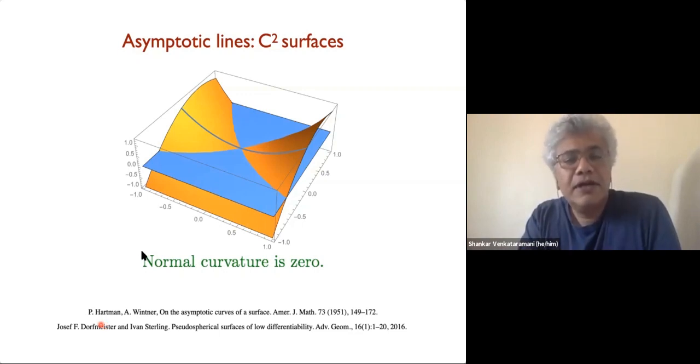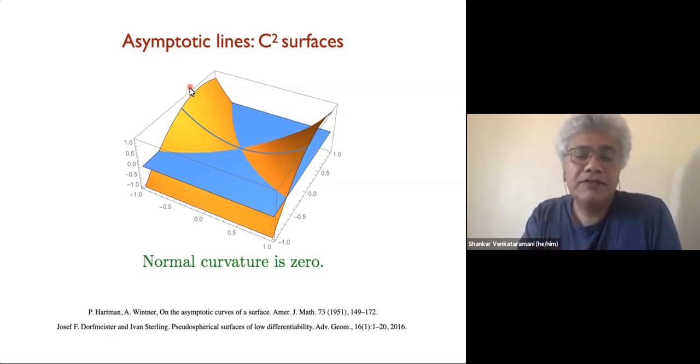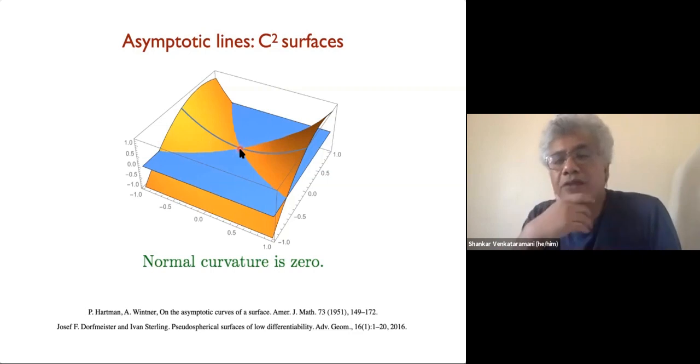It turns out the answer is yes, and for that we need to look at asymptotic lines of C2 surfaces. An asymptotic direction at a point, one way of thinking about it is you take the tangent plane at that point and you intersect the surface. If your surface is C2, then locally it's a quadratic saddle, so there have to be 4 rays at this intersection, and those give you your local asymptotic directions.